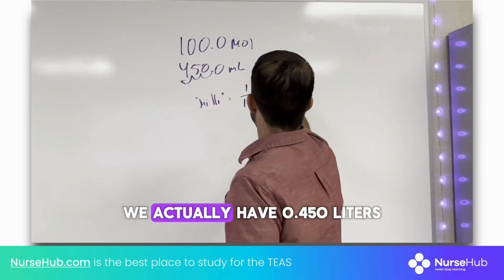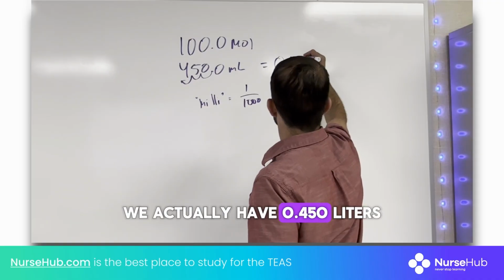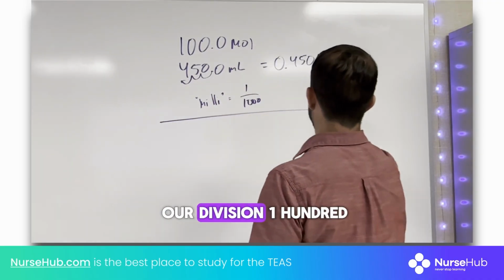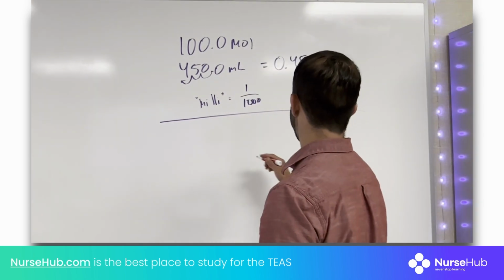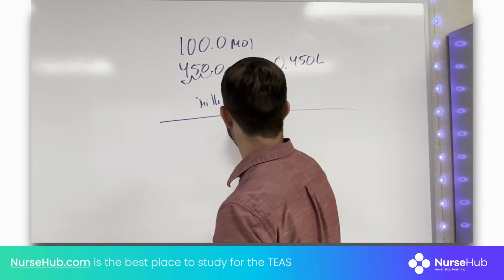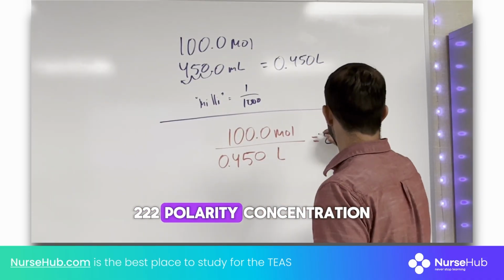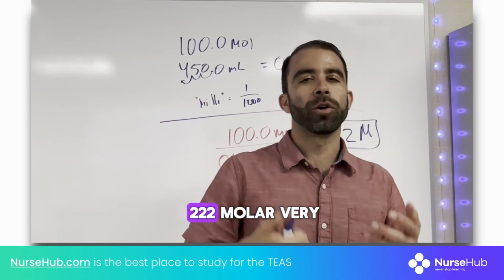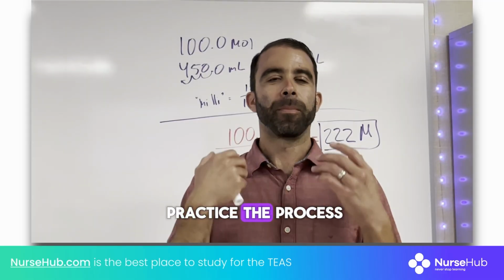So we actually have 0.450 liters. So now let's do our division. 100.0 divided by 0.450. 222 molarity concentration. So we would say that the answer is 222 molar. Very, very, very concentrated. The idea here is just to practice the process.